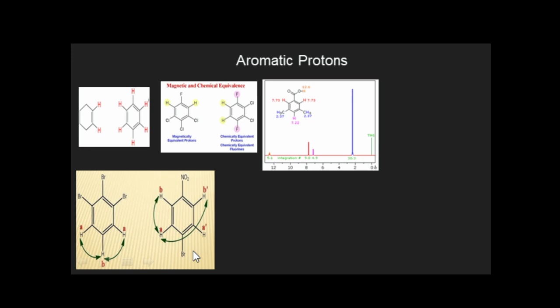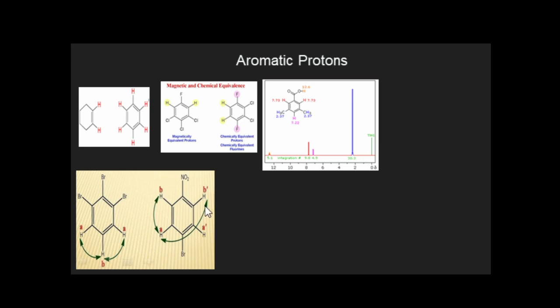But for this compound, these 2 protons are ortho substituted to the nitro group and para substituted to a proton. But these 2 protons are ortho substituted to bromine and para substituted to a proton. So these 2 are in chemically different environments. So we are getting 2 peaks, and we may identify 2 types of protons.